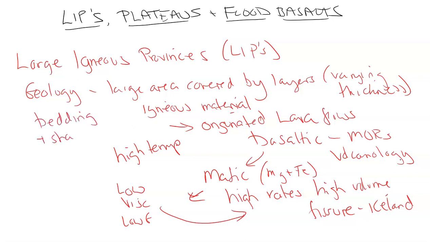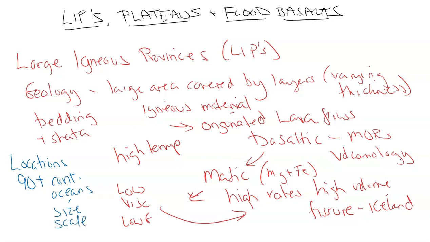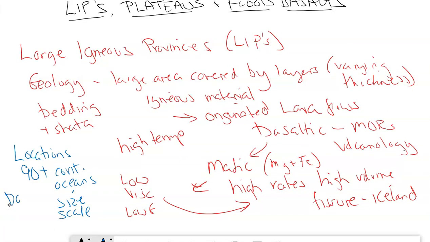And we can observe these around the world. In terms of locations, some articles state there's over 90 plus locations around the world, both on continents and oceans, varying in size and scale and thickness, and also date of when these were formed.